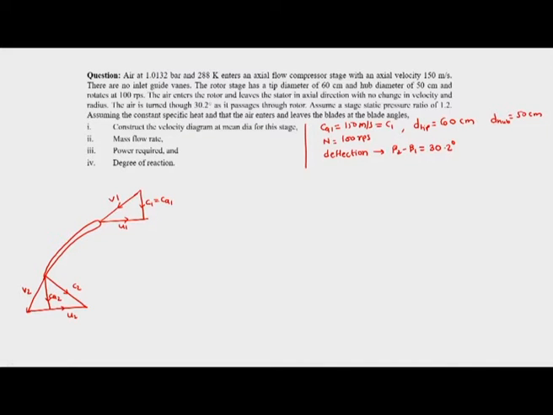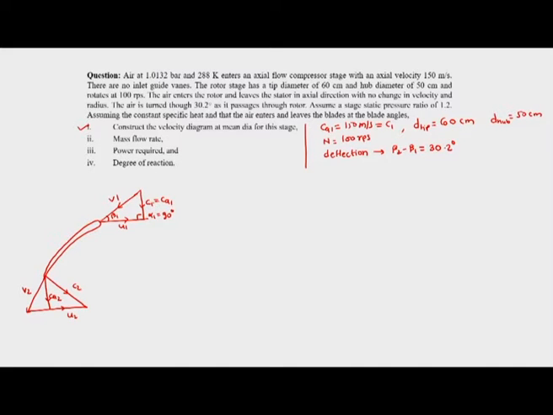Now we have drawn the velocity triangle. We are supposed to find out the mass flow rate, but before that we would try to mark the angles. This is beta 1, and this is alpha 1 equal to 90 degree. Why did we draw it like this?